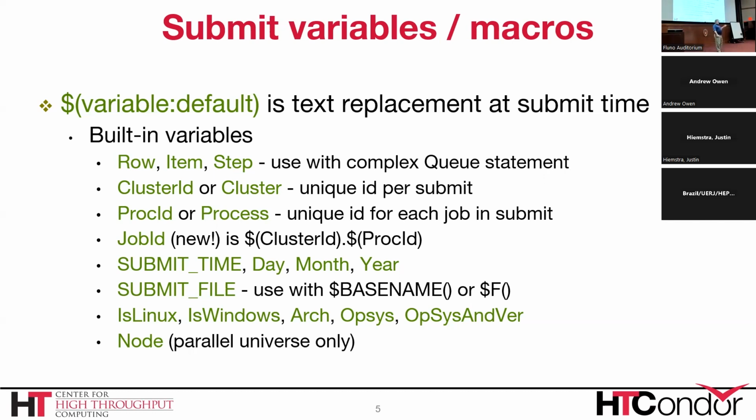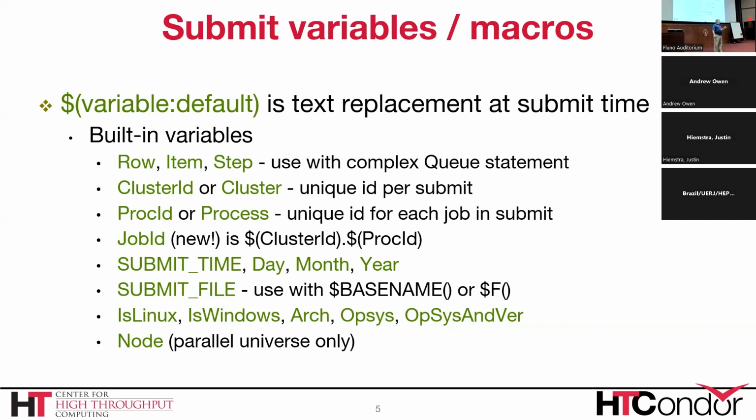JobId expands to cluster.process, which is the way we normally express these in our user interface. There's also SubmitTime. This is the time at which we built the job ads from the submit description. And there's day, month, and year, which are pieces of that time as well.